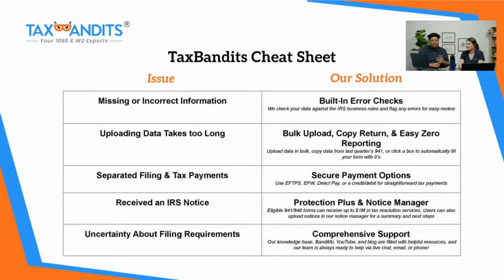We have built-in error checks, and a built-in audit to help catch the specific errors throughout the form. We base it off of the IRS business validation and the IRS's business rules, just to ensure that you are in full compliance for your 941 filing.